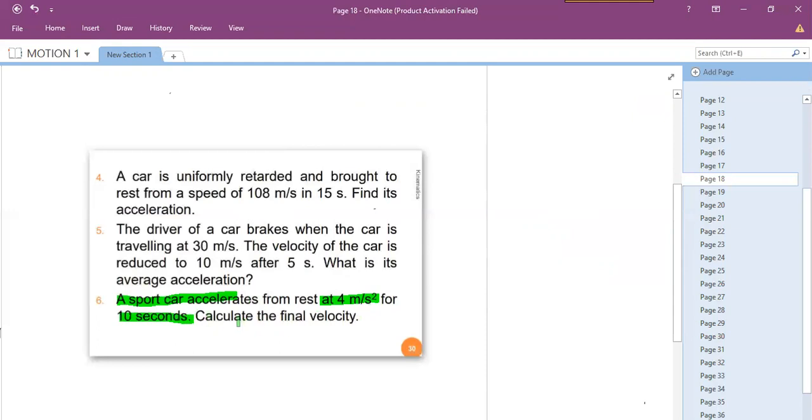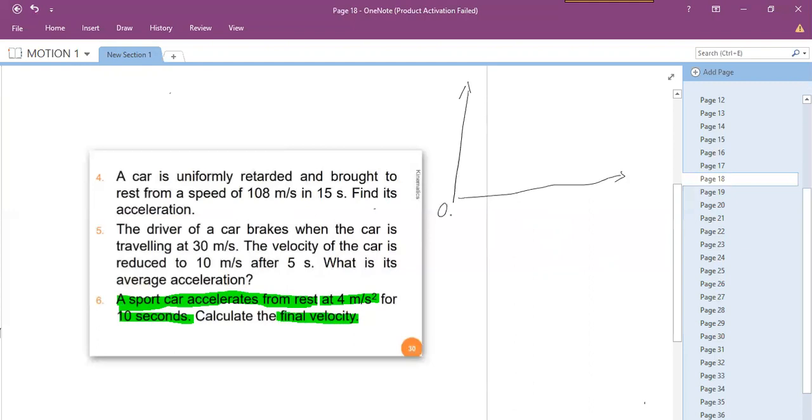Then the question says a sports car accelerates from rest. From rest, again, this is a very important concept here. And then we are asked to calculate the final velocity. So we are going to draw a mini speed-time graph for you here so that you see this question properly.